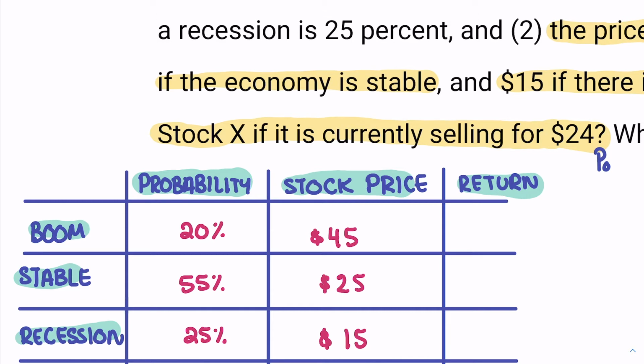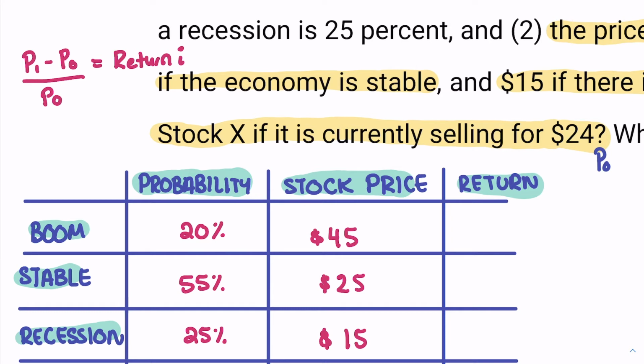So what I want you guys to remember is this whole idea of P1, okay, (P1 minus P0) over P0. That's going to give us our return for a given scenario. So in this case, if we look at the boom scenario, we're going to have to look at (P1 minus P0) over P0.